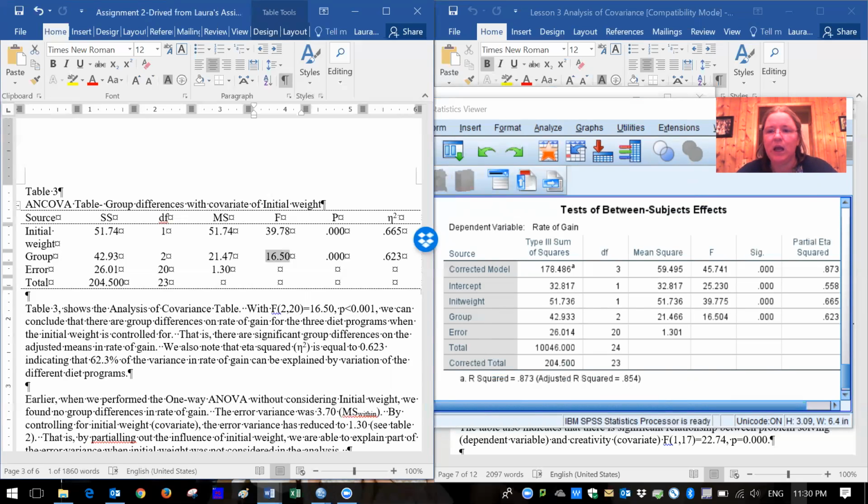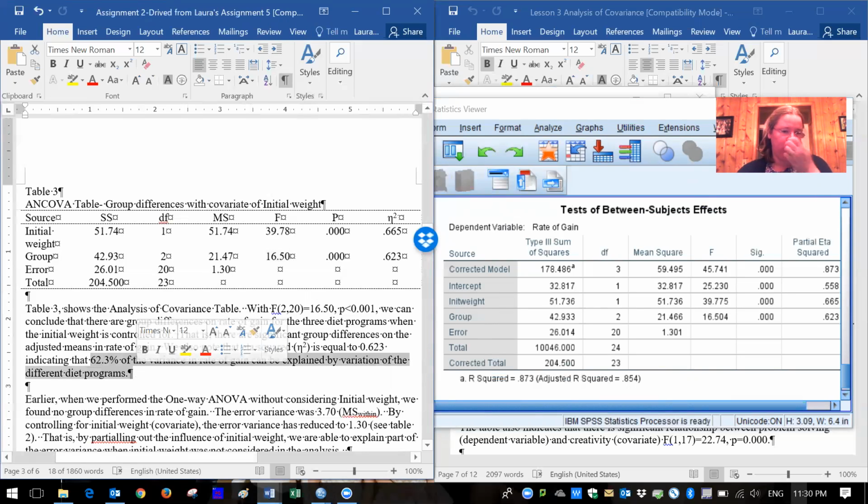We're always going to say about whatever that percent is, about that percent of variance in whatever your dependent variable is can be explained by your independent variable. And that information is right here.